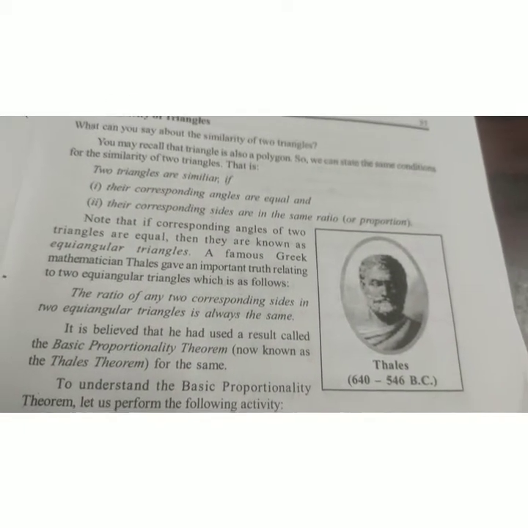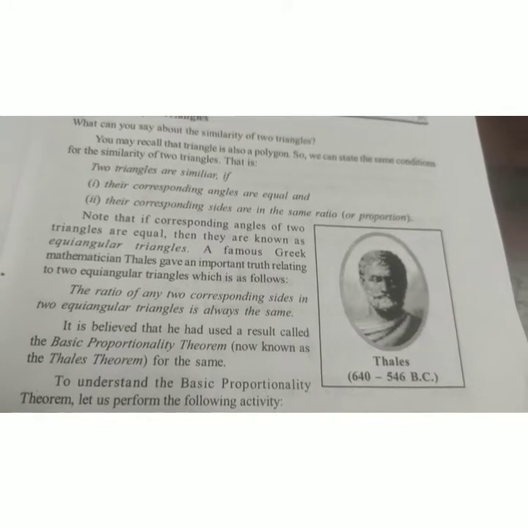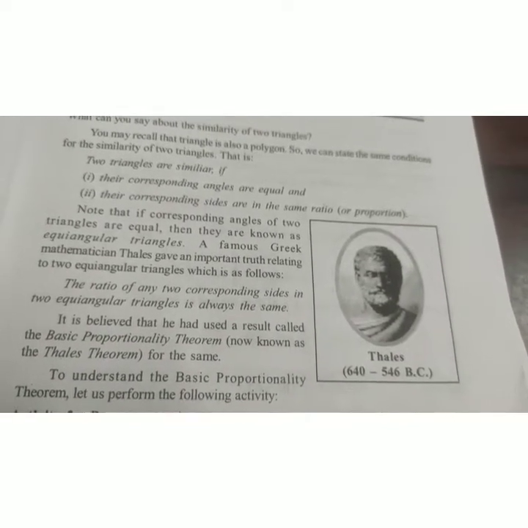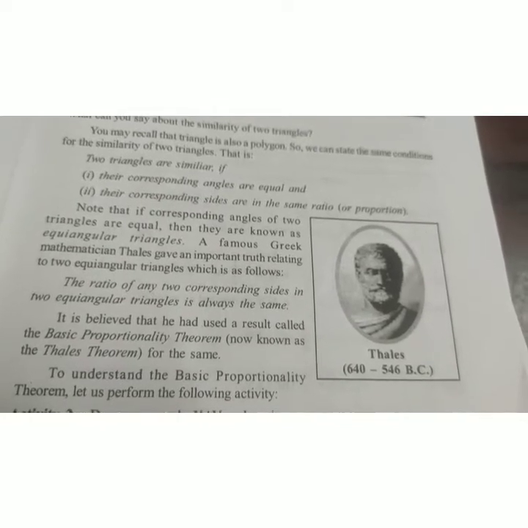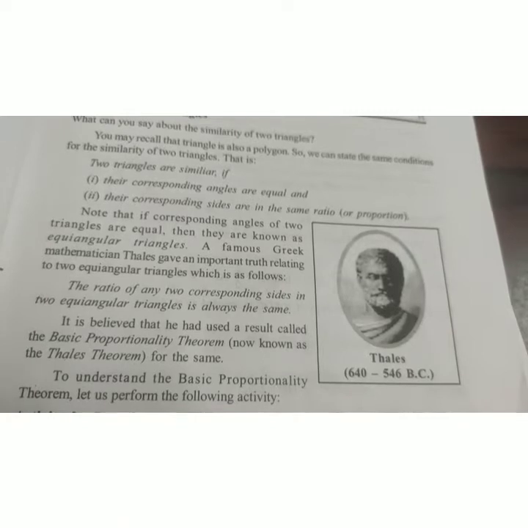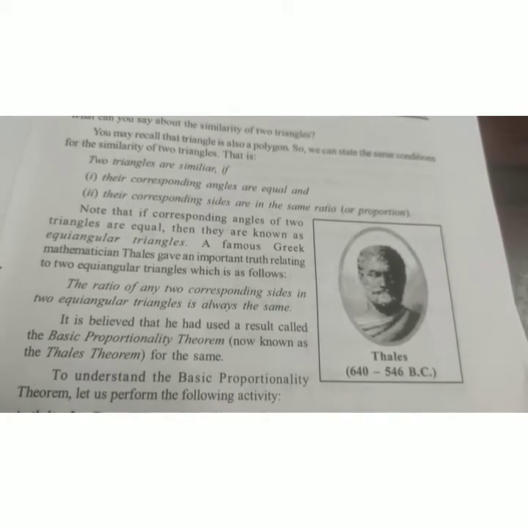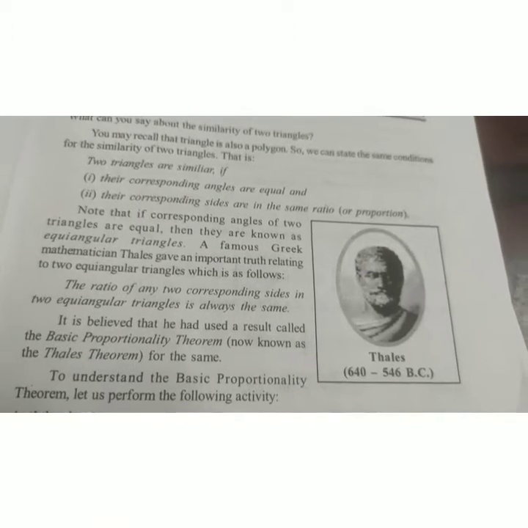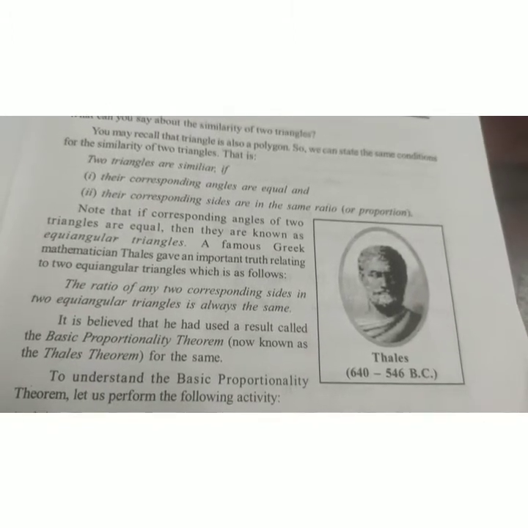Here we have the mathematician Thales, who lived in the year 640 to 546 BC, long back. He gave us the basic proportionality theorem, which is called the BPT theorem in short. Basic proportionality theorem, which is also called Thales theorem.